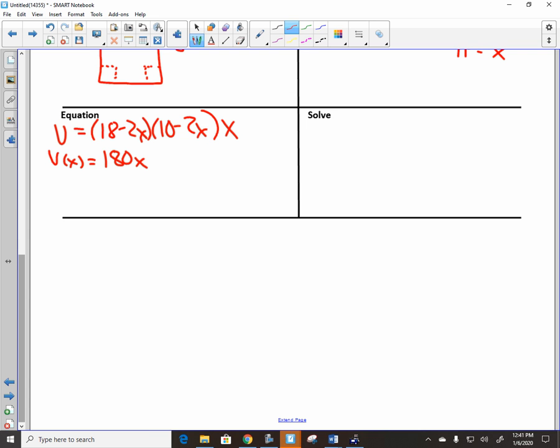What am I going to have in the middle? Negative 56x multiplied by x is negative 56x squared. Negative 2x times negative 2x is 4x squared times x, 4x cubed. So that's my polynomial. Easy to take the derivative of that, correct?